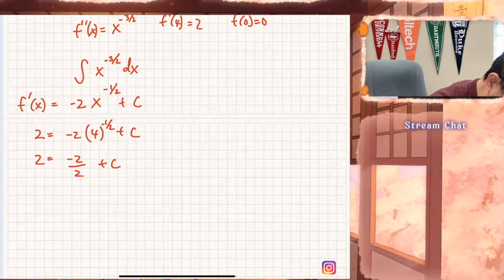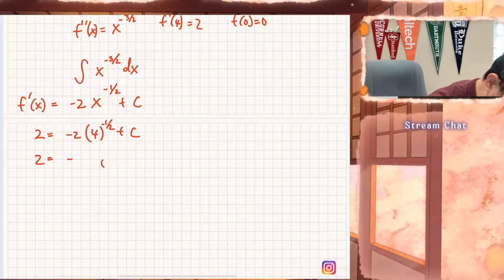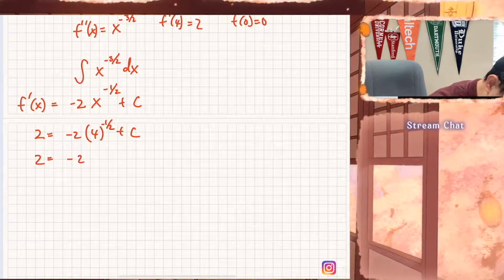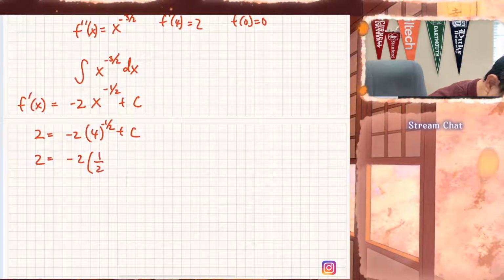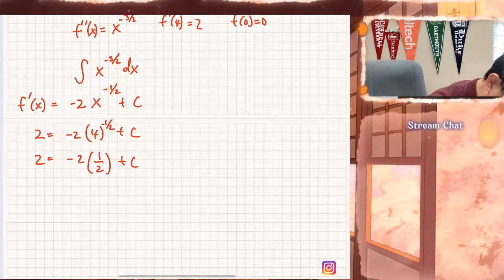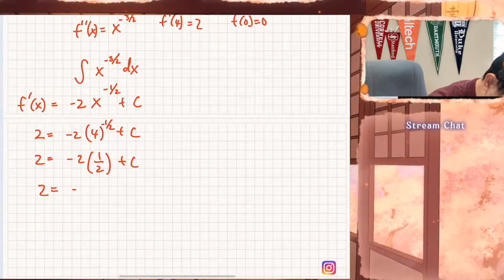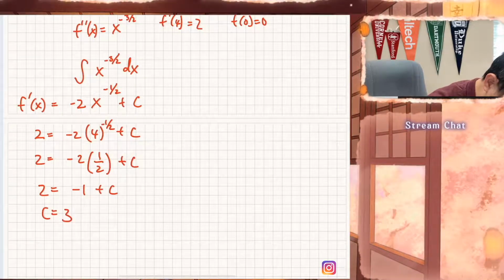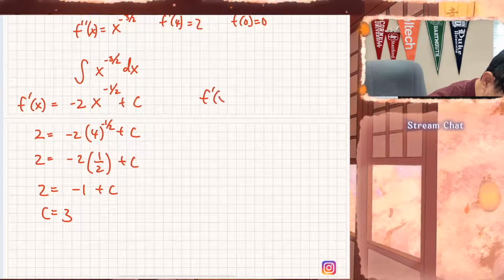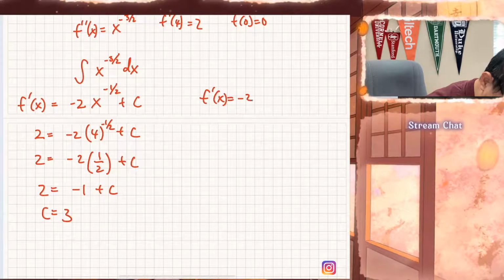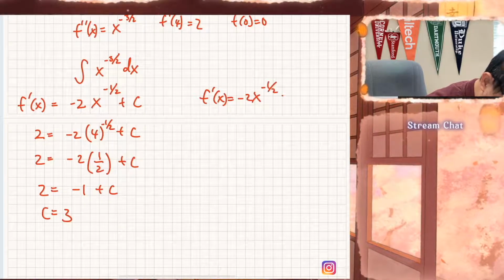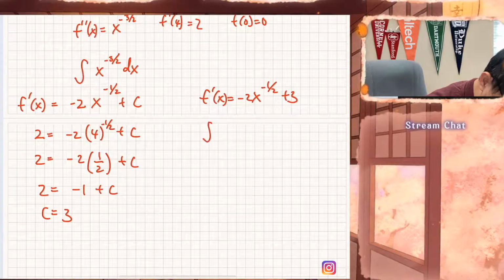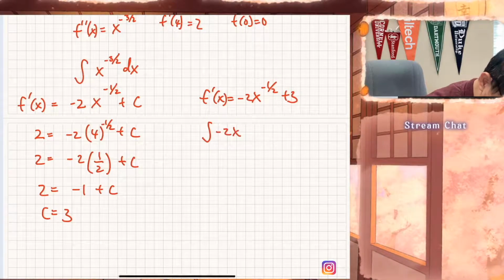And I got negative 1 plus c is equal to 2. Yeah, that makes sense. And then you get negative 2x to the negative 1/2 plus 3. And then I got negative 4x to the 1/2 plus 3.